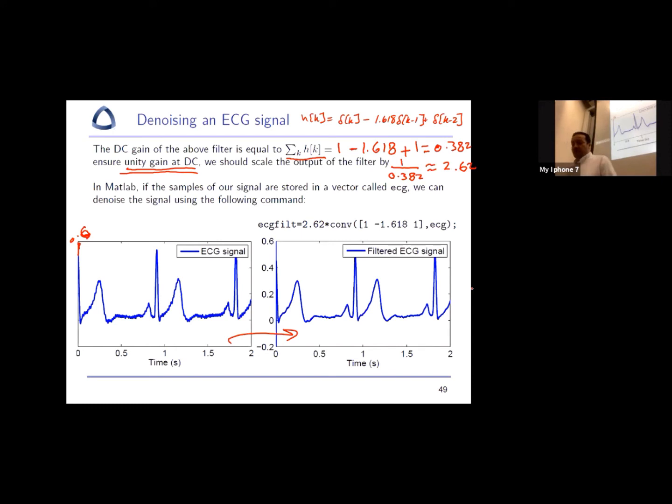If the samples of our signal are stored in a vector called ECG, we can denoise or remove the noise from the signal using just this command: convolve the signal with this filter. And everybody knows why I scaled by 2.62. I'm dividing by 0.382 to get a unity DC gain.